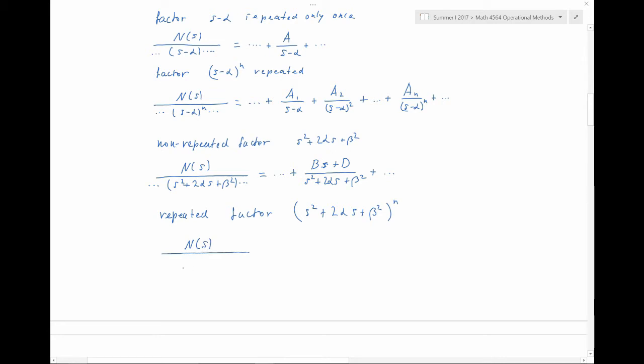As you may already have guessed, this leads to several fractions which all start with power 1 on the bottom and go all the way to power n.